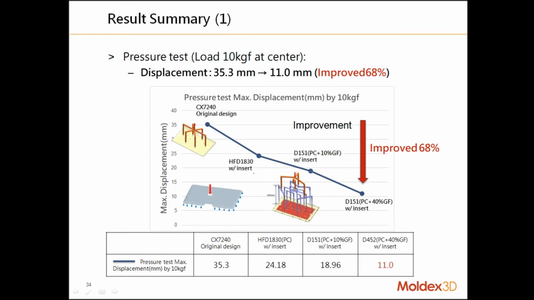So in summary, by using CAE software, we can gradually validate different designs in different phases to find out which one is the best, the most improved one in terms of strength validation. In the final optimized design, we have an overall 68% improvement in comparison with the original design, which is a very big improvement.